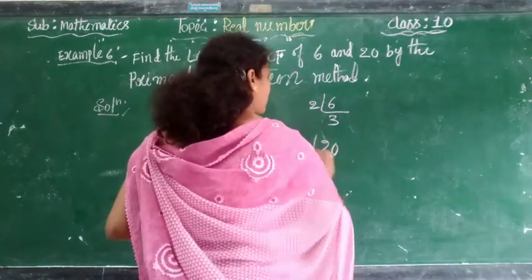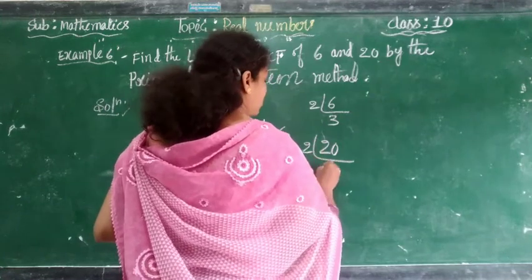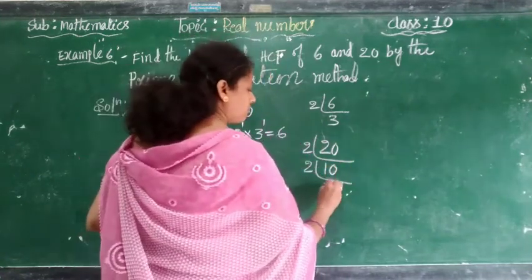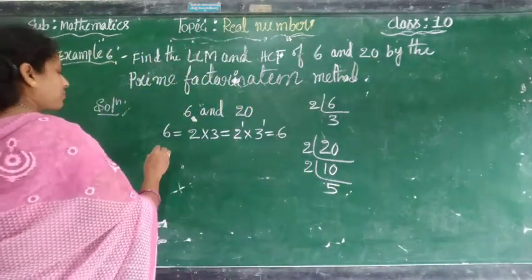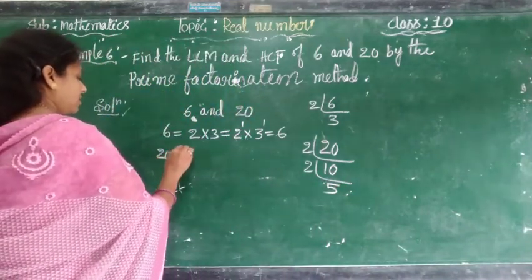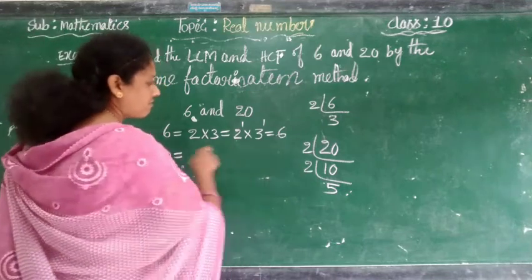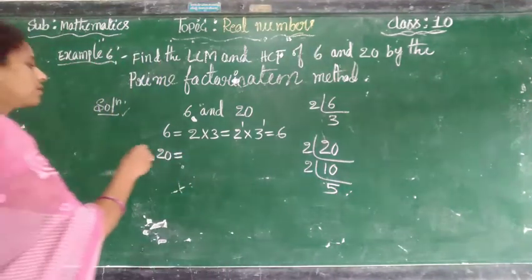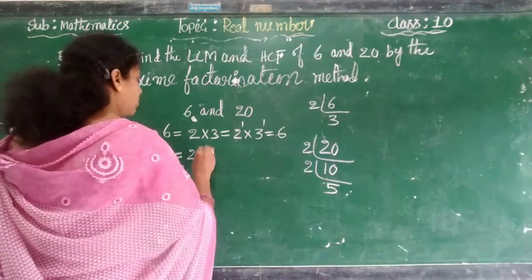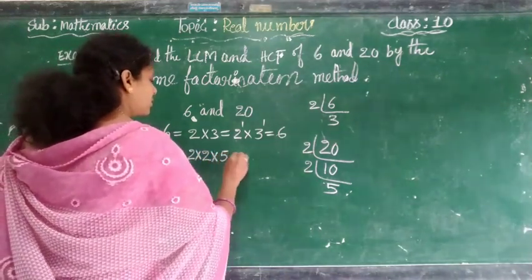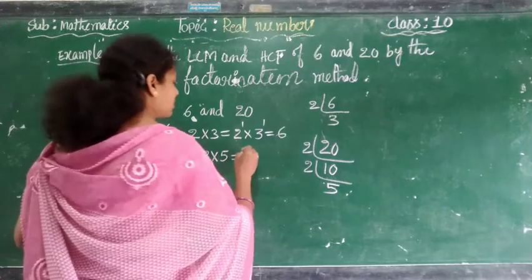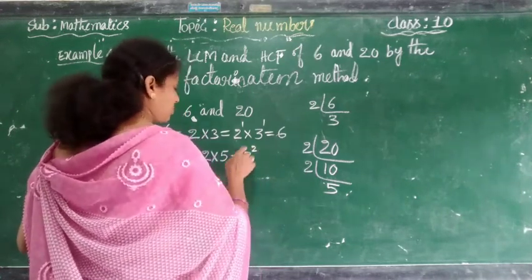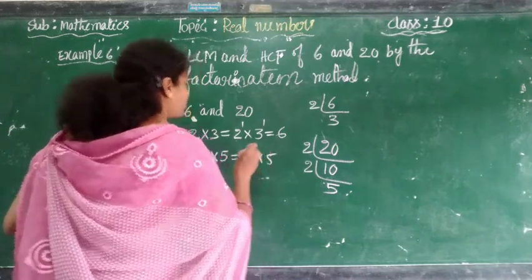20 can be written in prime factorization as 2 to the power of 2 into 5.